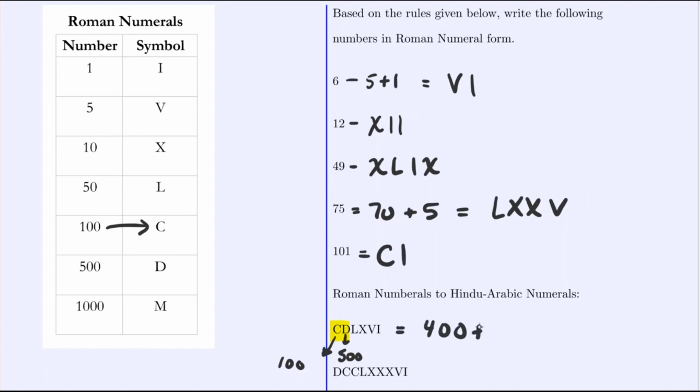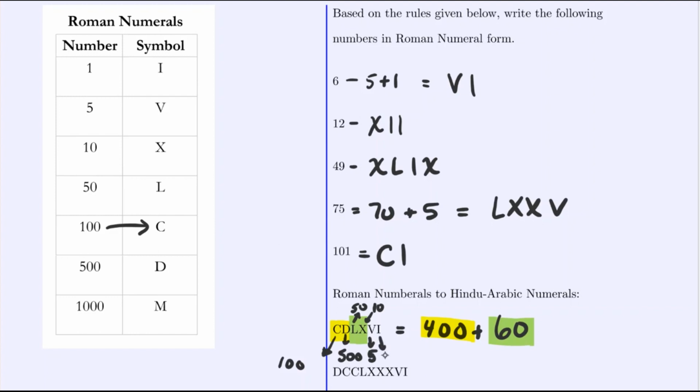Okay, let's keep translating. The L represents the 50. The X represents the 10. Okay, so far so good. It's going from larger to smaller, so we would add those. That adds us to be 60. I'll kind of keep that together. And then we've got the V represents the 5.